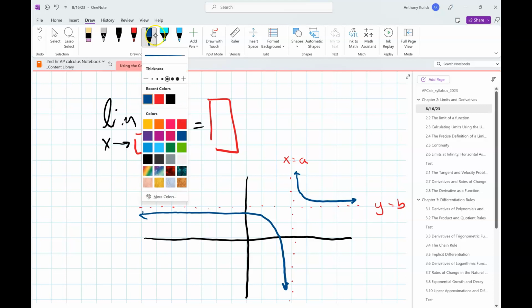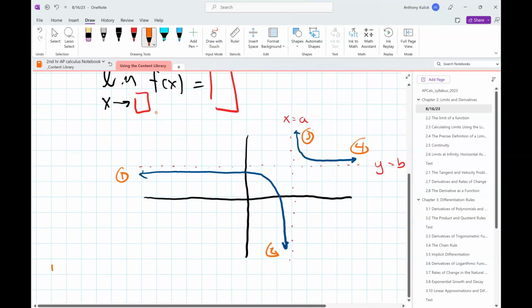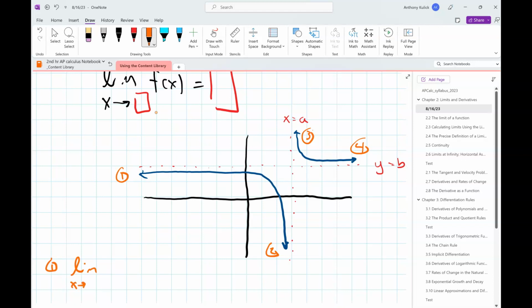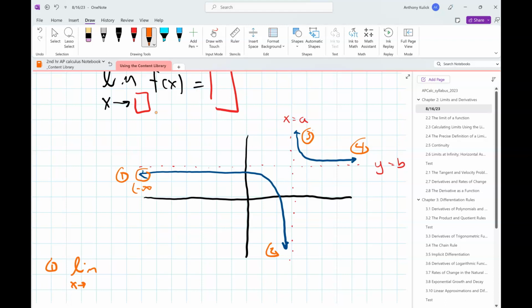If I refer to each of the four end behaviors, I'm just going to call them like 1, 2, 3, and 4. For 1, you'd say this is the limit as x approaches... So if I look at this coordinate here, this is kind of like negative infinity comma b, right? So the x coordinate is going to negative infinity, and then I'll just call this function f of x, and the y coordinate should be b. So I'd write it that way.